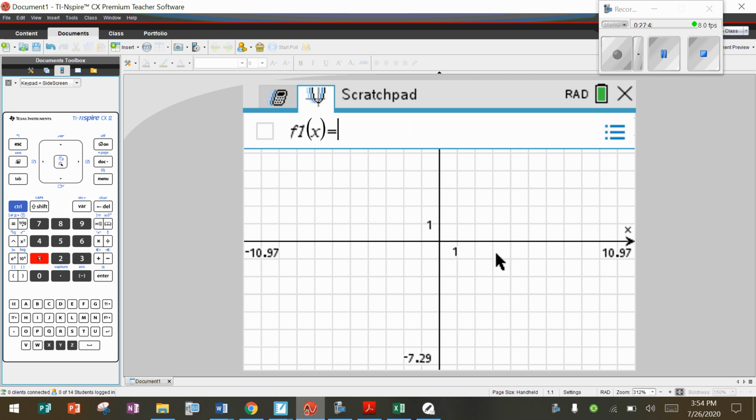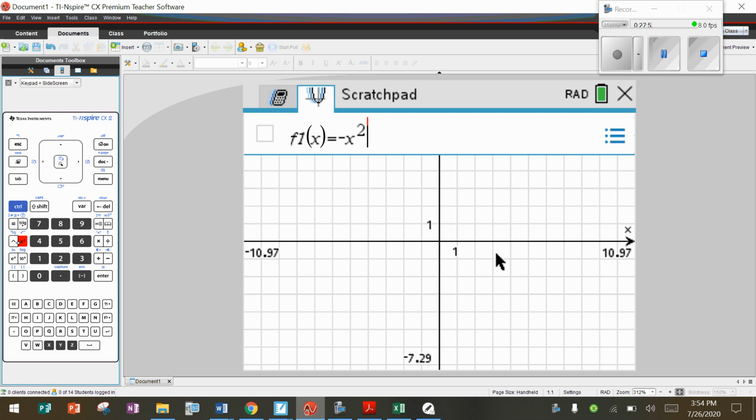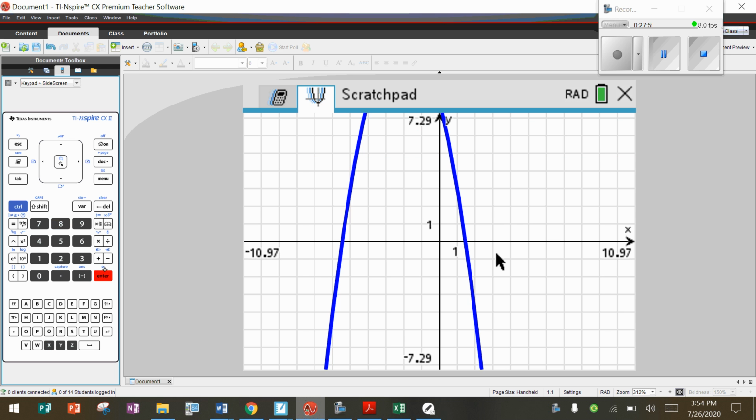I'm going to type in the equation that we just were working with, which is negative x squared minus 4x plus 8. I'm going to hit enter and take a look at the picture. So we can tell just from the picture, even though we don't have the table of values or we don't see the whole thing, I can tell from the picture that the vertex is going to be the highest point on the graph because our graph is facing upside down. So that means our vertex is a maximum just like we described.